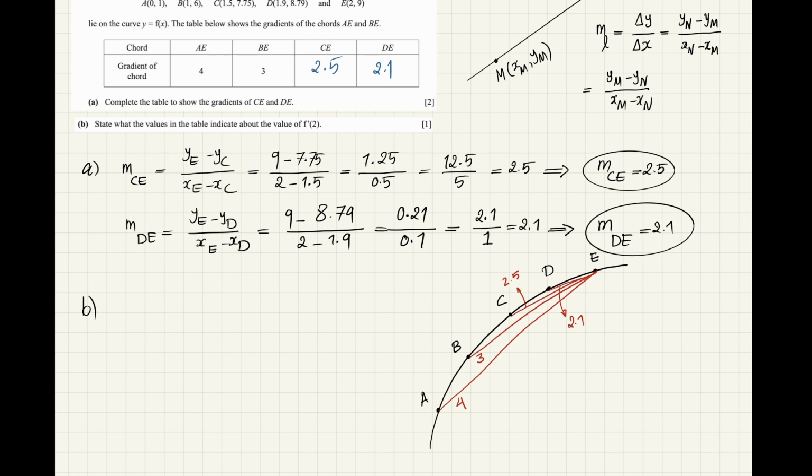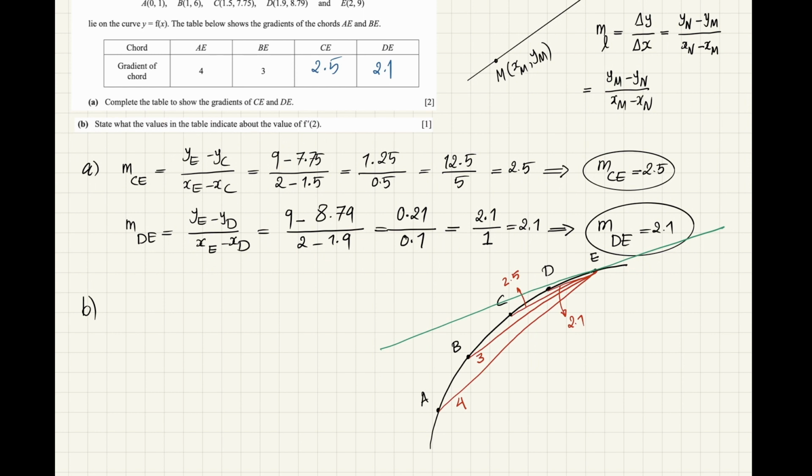On the other hand, what is the geometric interpretation for the derivative? The derivative is the gradient of the tangent line at the x-coordinate of the point of tangency. So for example, here in this graph, if I draw the tangent line to the graph of this function at point E, I will try to do it with this green line. The gradient of this green line is f prime of 2. Why?